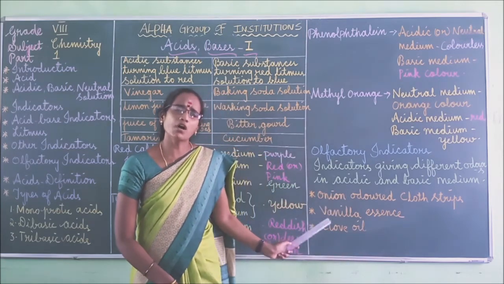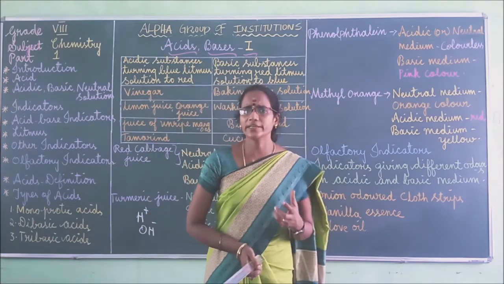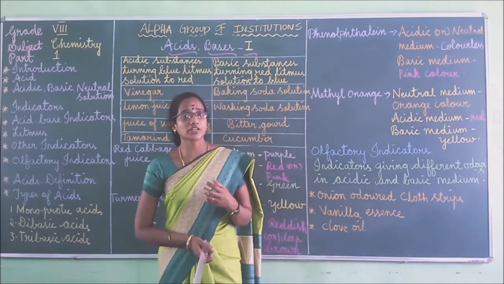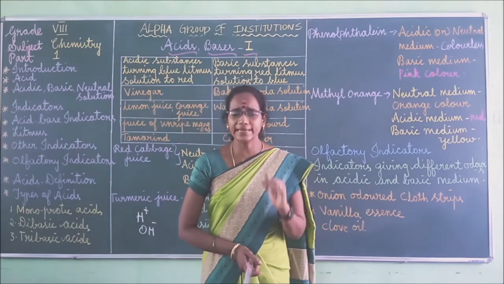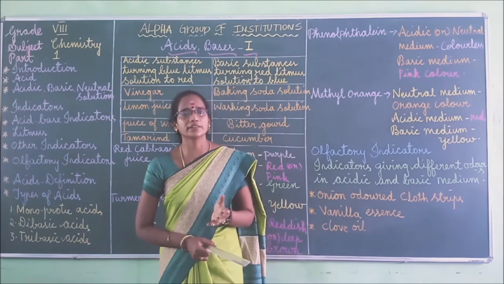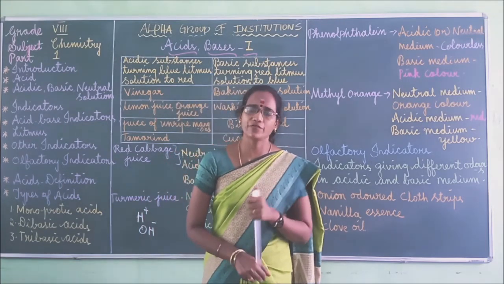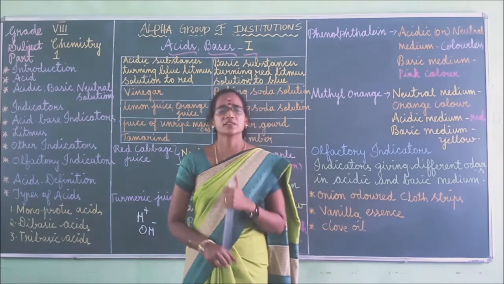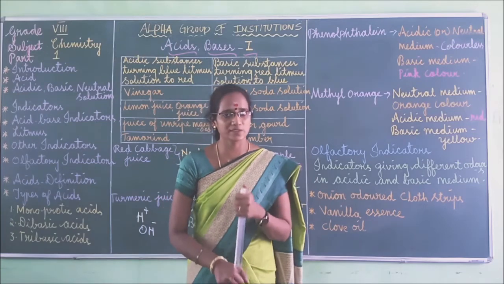If you take onion odored cloth strips, generally onions have a characteristic smell. This smell is retained in acidic medium and it is destroyed in basic medium. In the same manner, vanilla essence has a characteristic sweet smell.